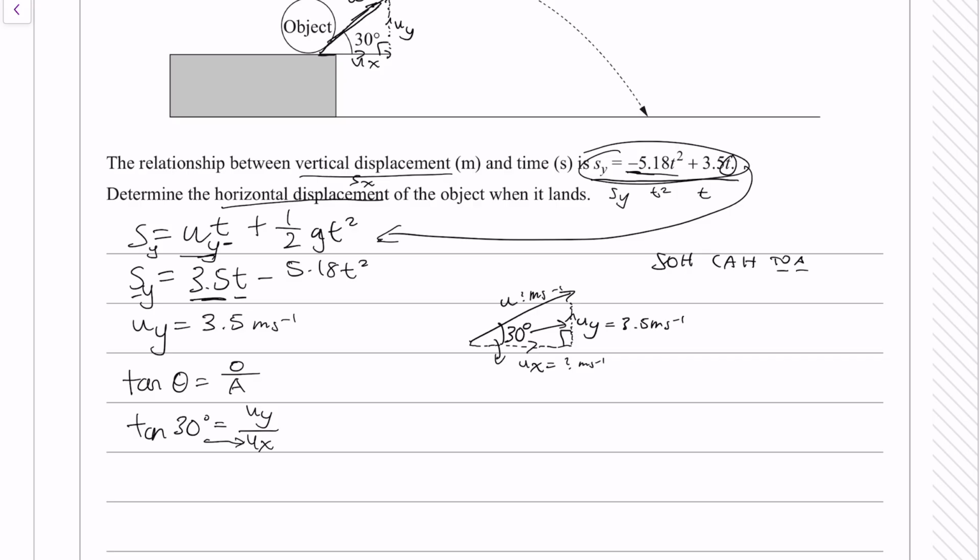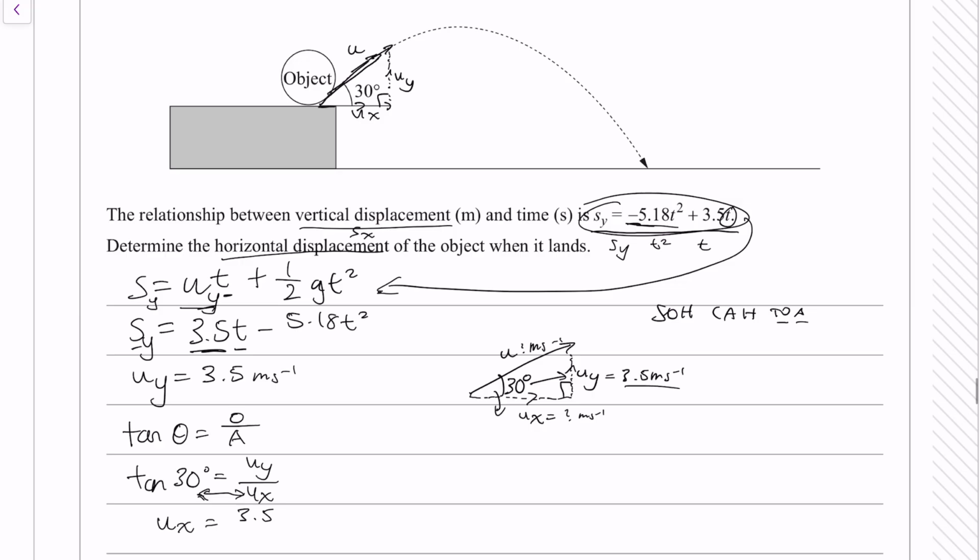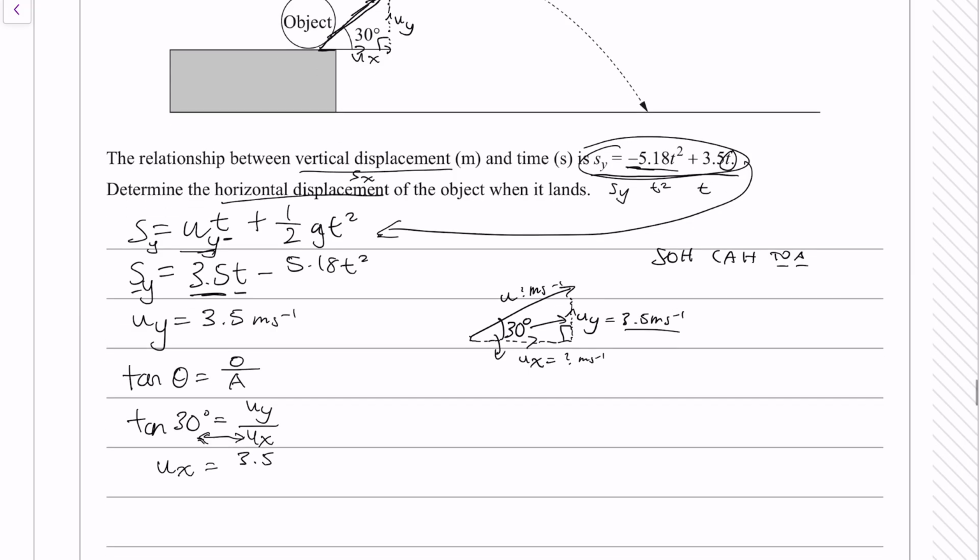Again, using that swap around trick, I know that ux is equal to, well, let's just say uy, 3.5 meters per second because we know that from our previous step, over the tan 30 degrees. Now again, making sure I'm in degrees mode in my calculator, 3.5 over tan 30.